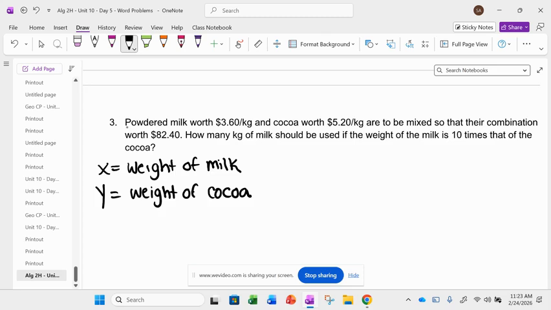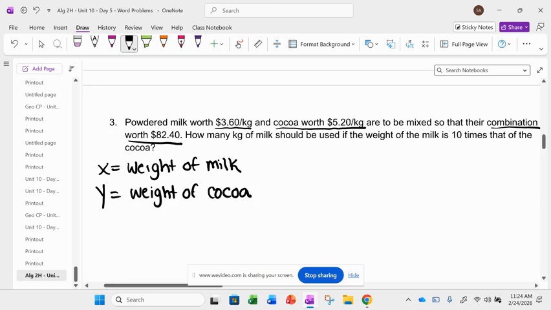So for our first equation, it says powdered milk worth $3.60 per kilogram and cocoa worth $5.20 per kilogram are to be mixed so that their combination is worth $82.40. Do we know how many kilograms of each we're using?